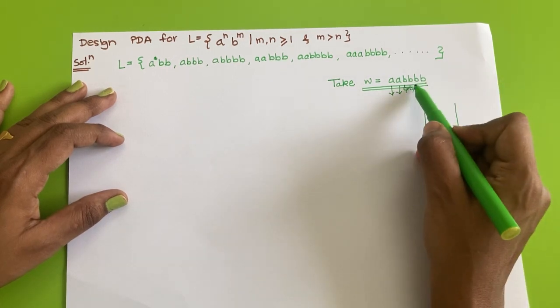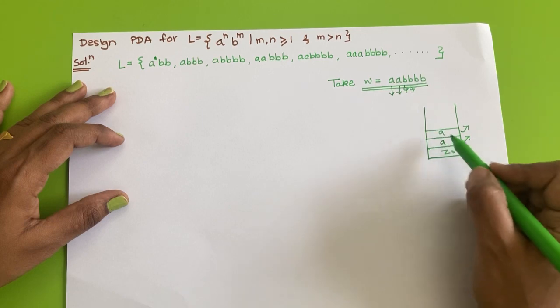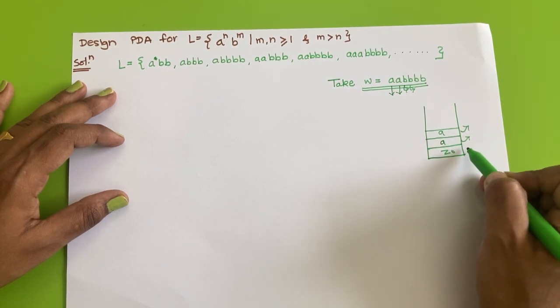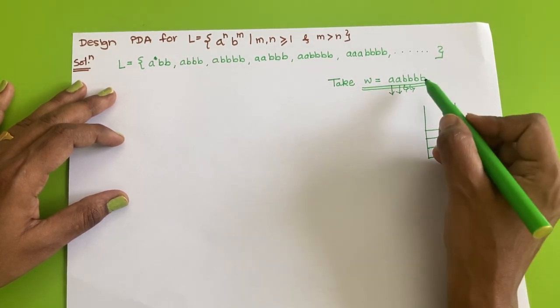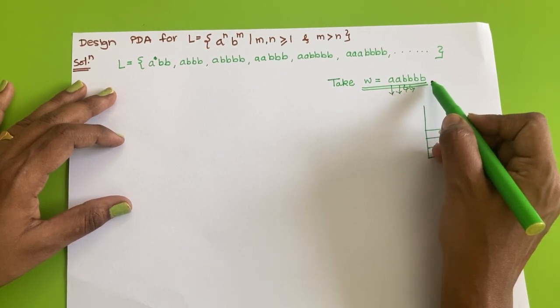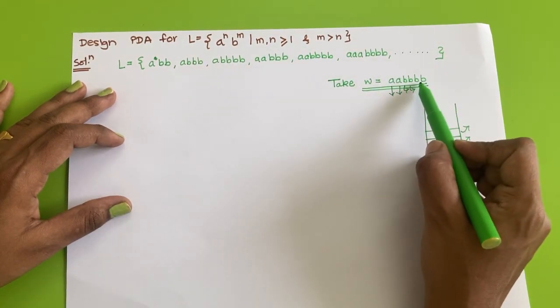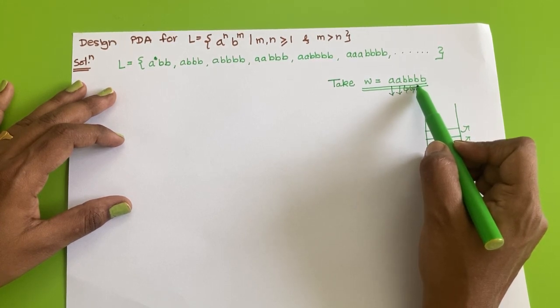So now the next input symbol is B, and we have popped all A's from the stack and have Z0 as the top. This means we have concluded that we have a larger number of B's than A's, because we have remaining B's, at least one extra B here.